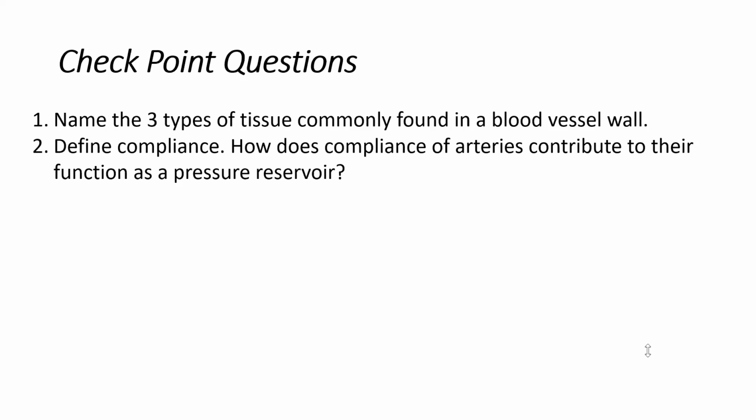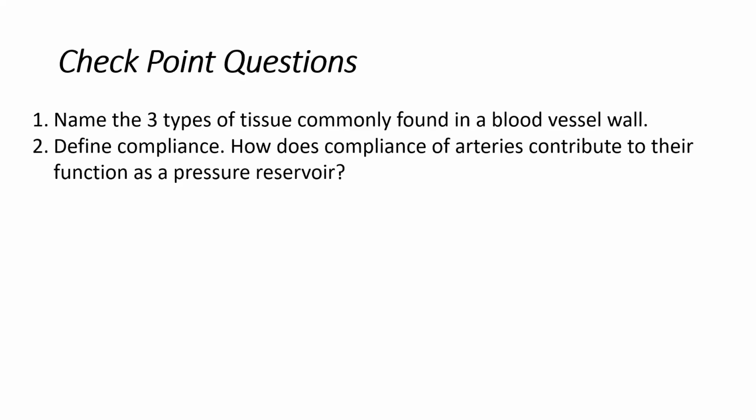It's the obedience of the vessel, the ability of the vessel to stay where you put it, if you will, to accommodate more volume. And we said that arteries have less compliance. They're very low in compliance. And so that low compliance that we see in arteries is what gives them the ability to stretch when we've got blood flowing during systole.